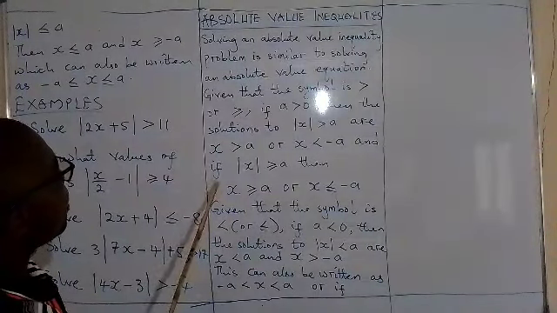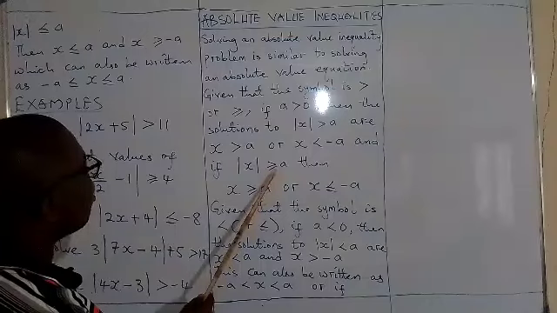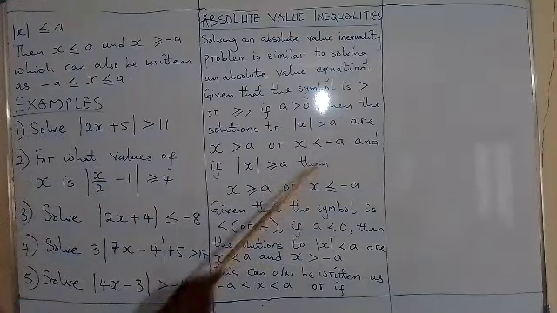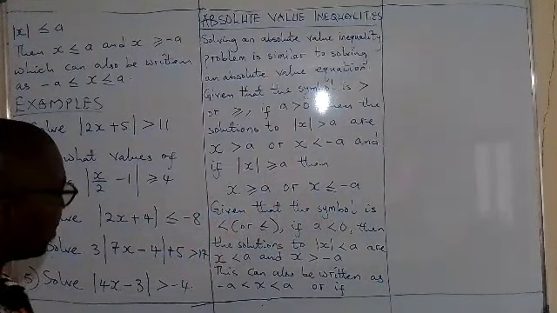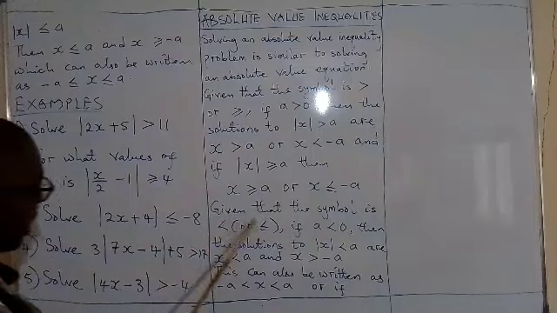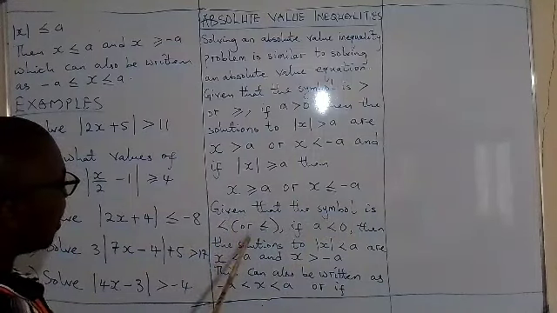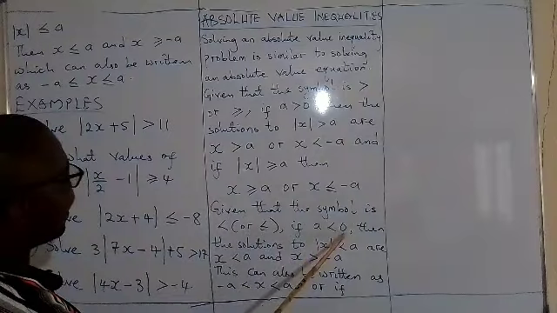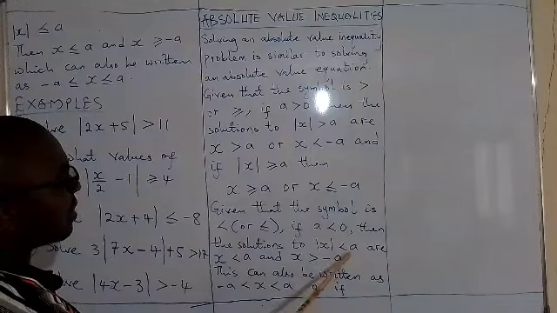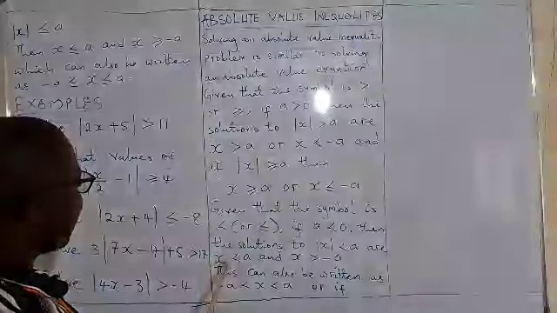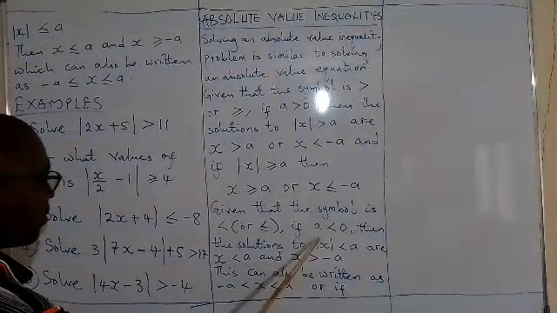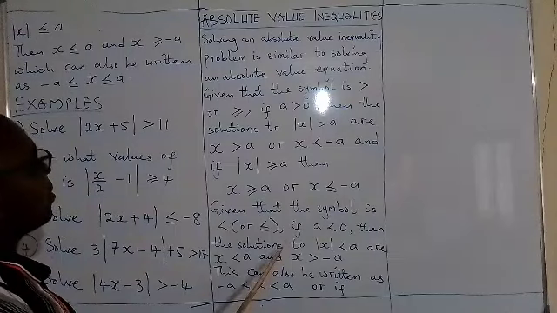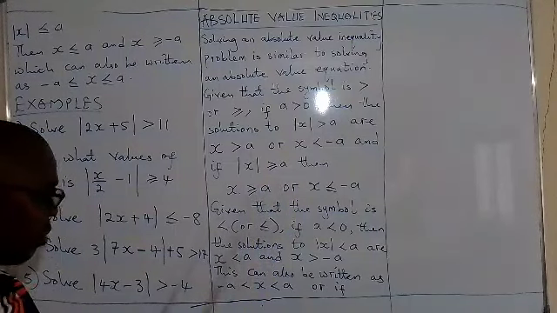Now, if the absolute value of X is greater than or equal to A, then X is greater than or equal to A, or X is less than or equal to minus A. We are also saying that given that the symbol is less than, if A is greater than 0, then the solutions to the absolute value of X is less than A are X is less than A and, take note, for less than we use the word and, for greater than we use the word or.